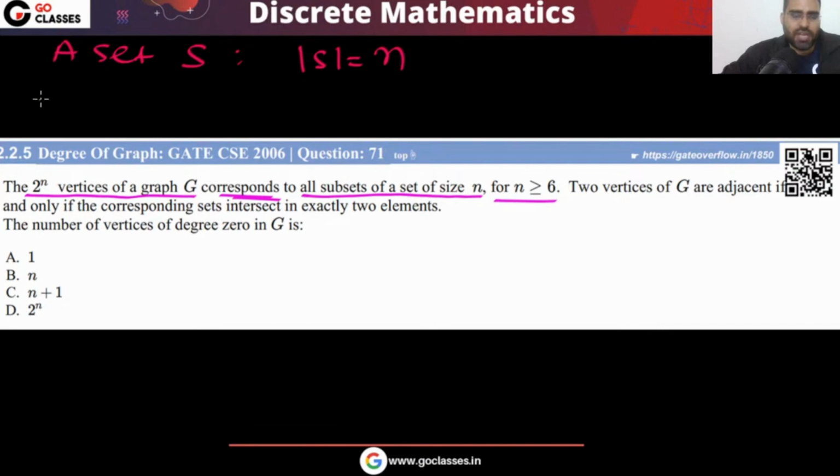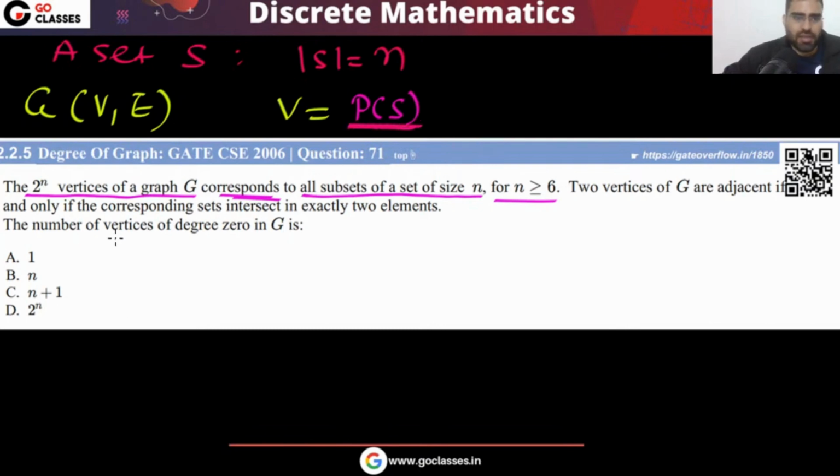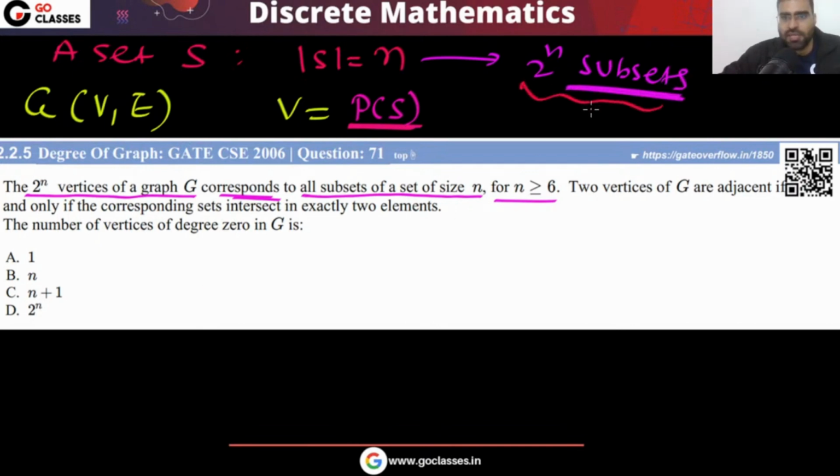Now we are creating a graph whose vertices are basically the power set of S. There will be 2 power n subsets, right? So these 2 power n subsets are the vertices of G.